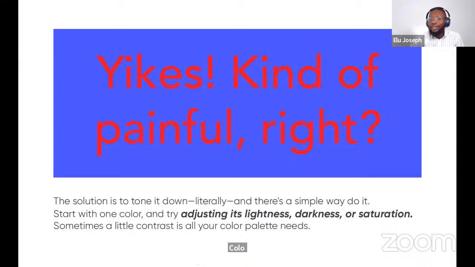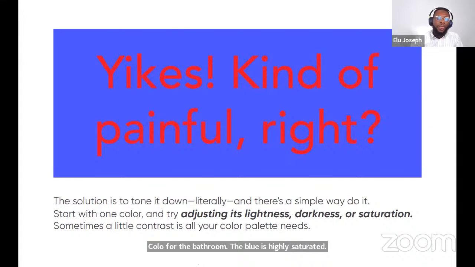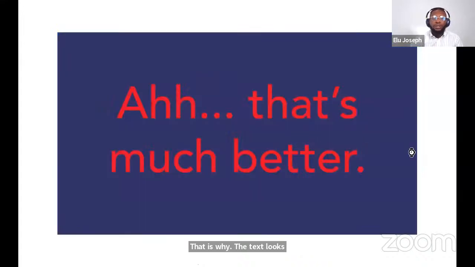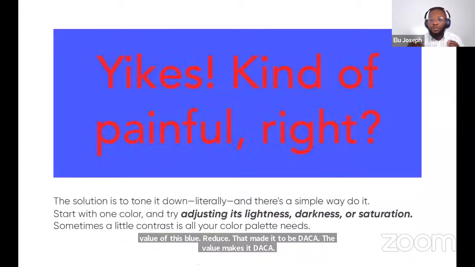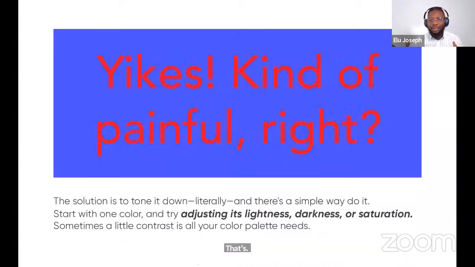That is why the text looks like it's fighting your eyes. Now, this blue here is not saturated. What happened to it? The value of this blue reduced. That made it darker. The value makes it darker. Saturation makes it vibrant, brighter.